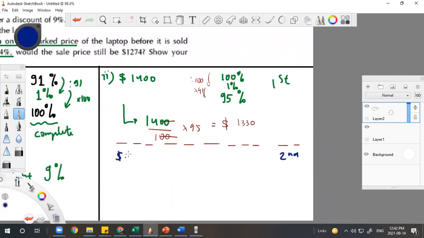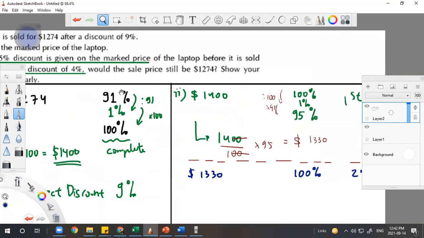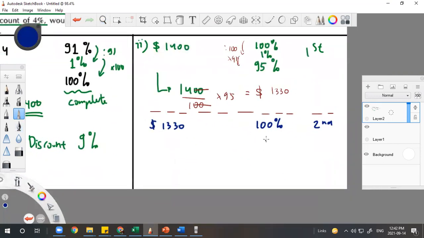From 1,330, it is represented, go back, restart the percent, and 4% becomes 96, right? And put 1 here, and 1,330 divide by 100. See, I use the same formula, times 96 over 100 times 96.